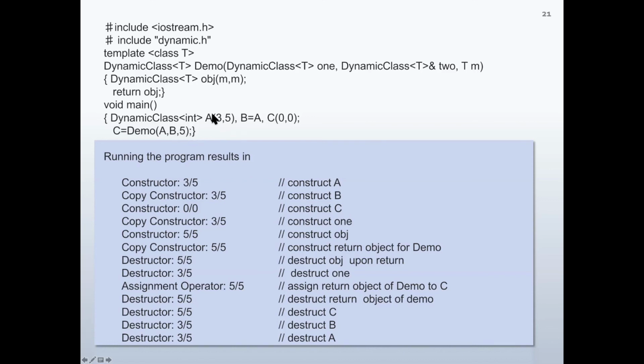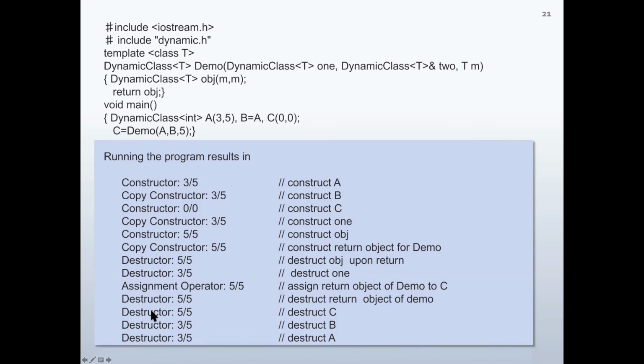So the objects declared here are to be destructed in the reverse order. First, C is destructed. C has values 5 and 5 because there is an assignment here with the return object, which was 5 and 5.